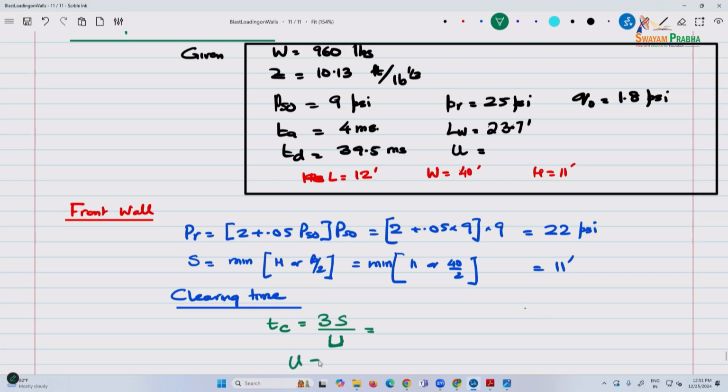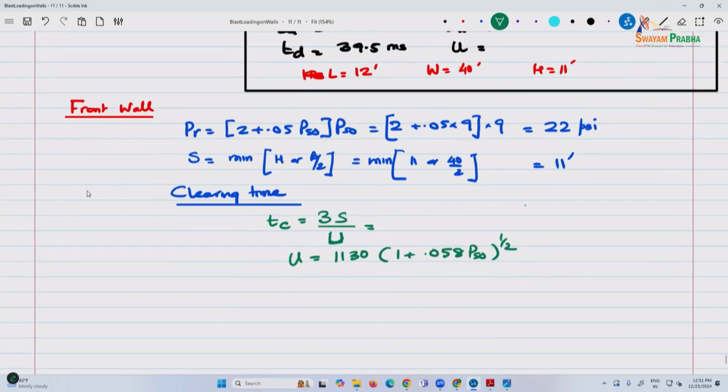U is, and help me with this, please, 1130 multiplied by 1 plus 0.058 PSO power half. So this is 1130 multiplied by 1 plus 0.058 multiplied by 9.